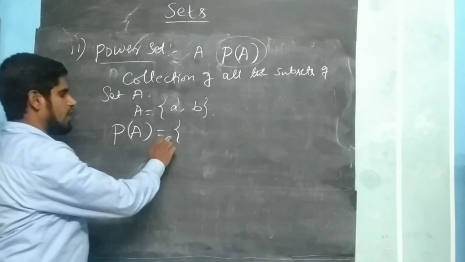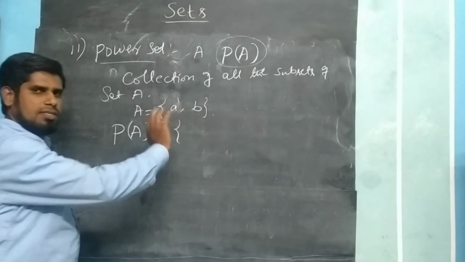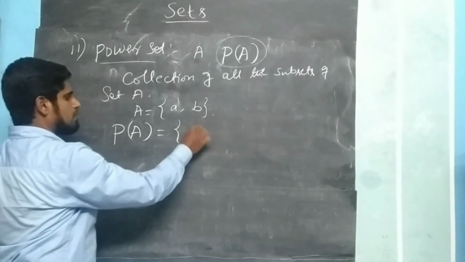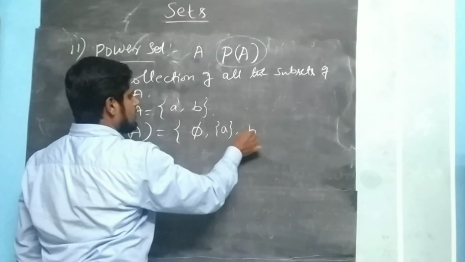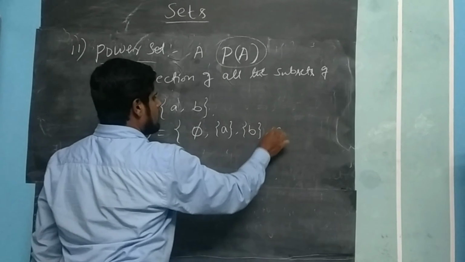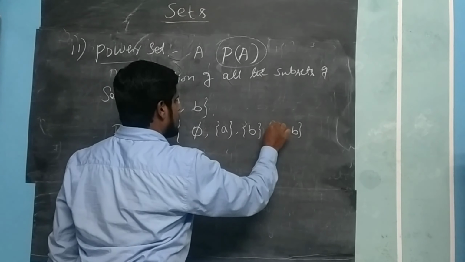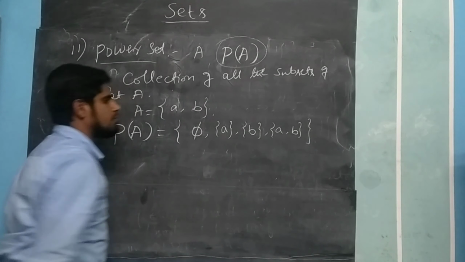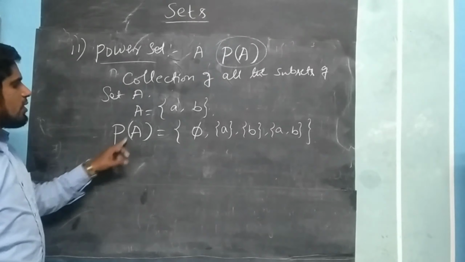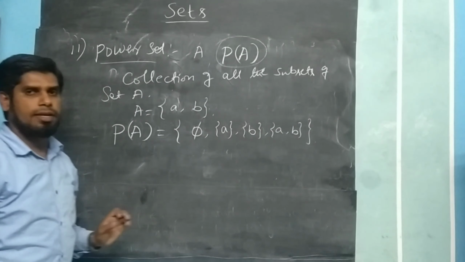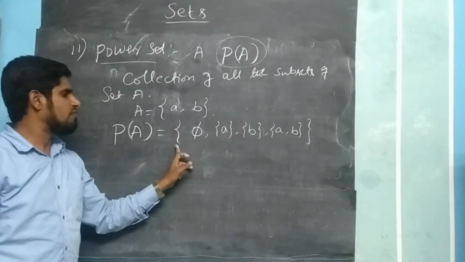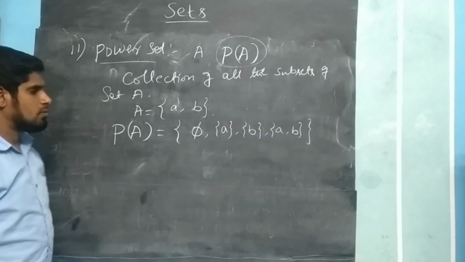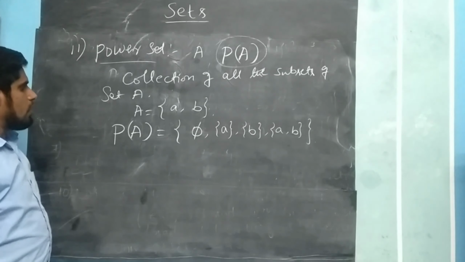If I erase these curly brackets, then it becomes subsets. The first subset is null, then single elements, and last is the complete set. This is the power set of set A. It has all the subsets, and it comes between curly brackets.